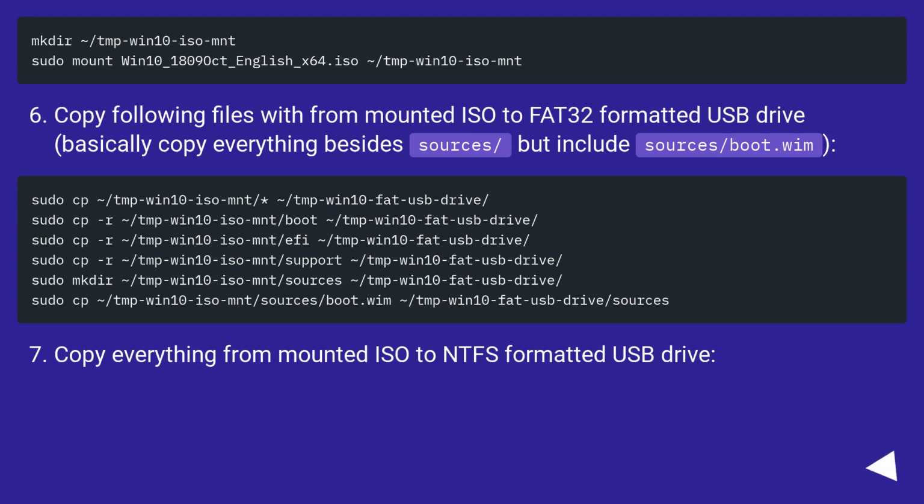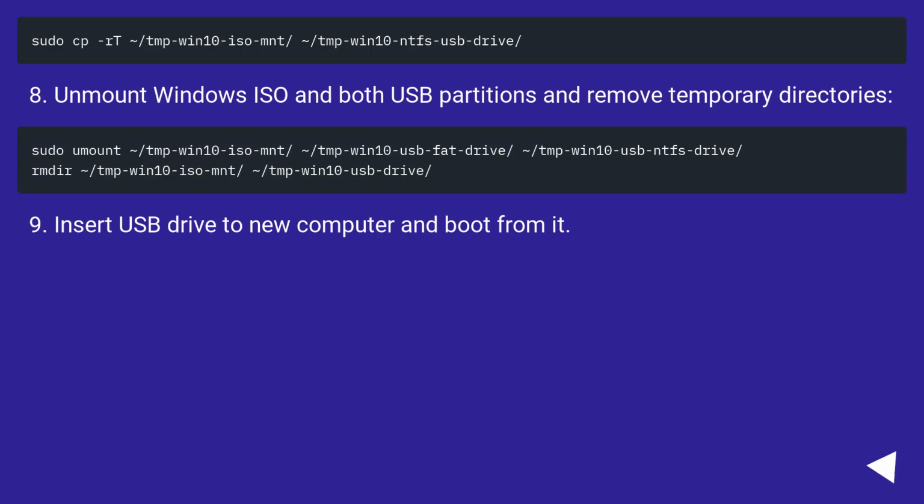Copy everything from the mounted ISO to the NTFS formatted USB partition. Unmount the Windows ISO and both USB partitions and remove temporary directories. Insert the USB drive to a new computer and boot from it.